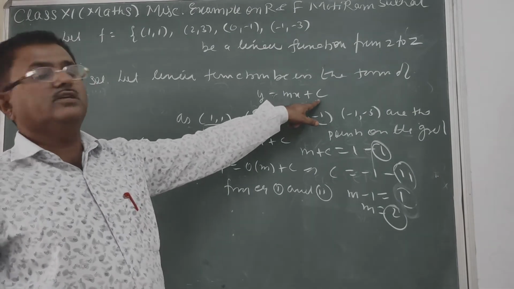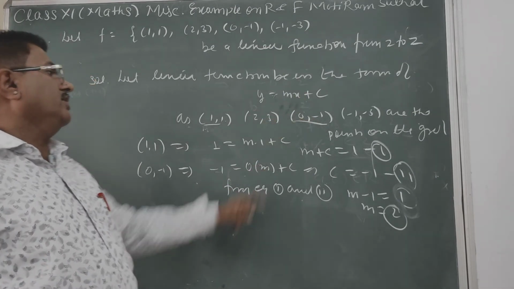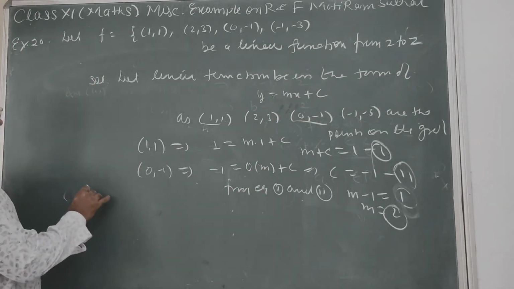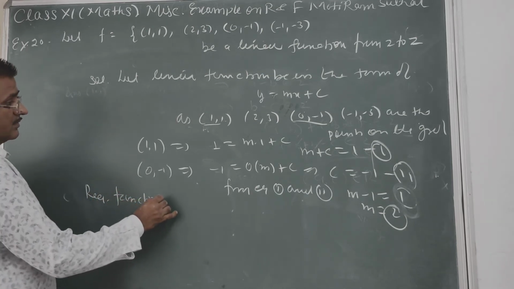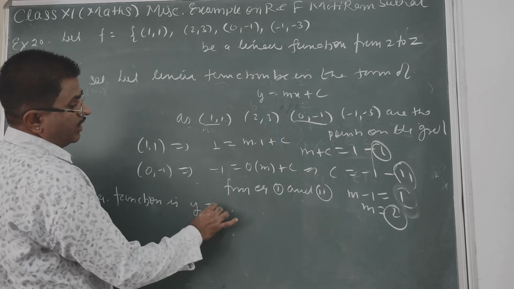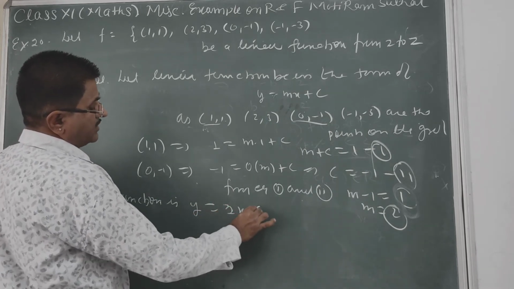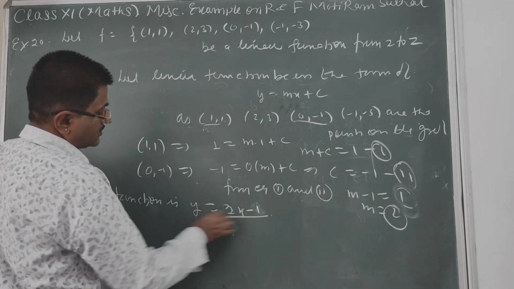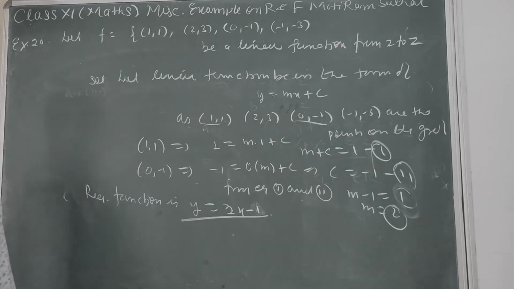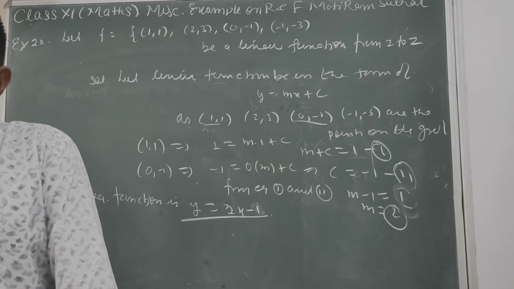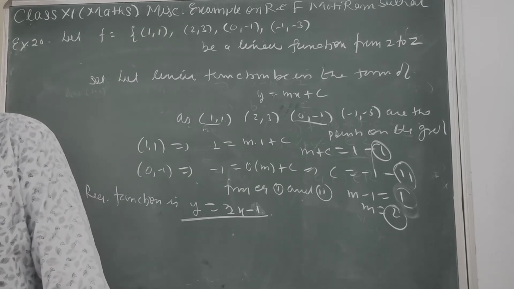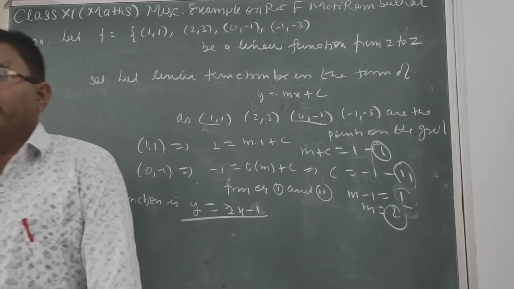Now we put here in this function. So our required function is y equal to m, that is 2x, minus 1. So in this way one can find a function also if we are given the points.